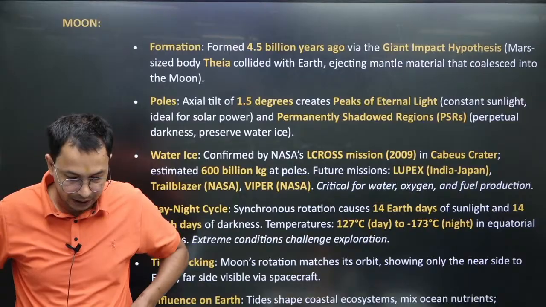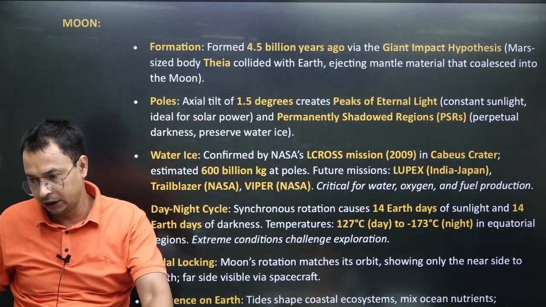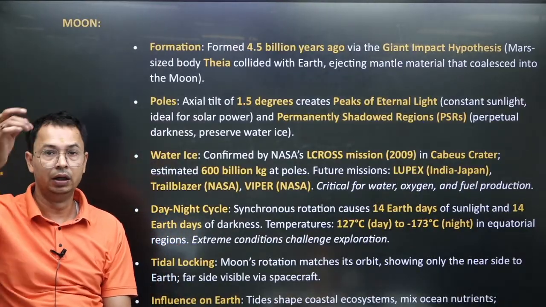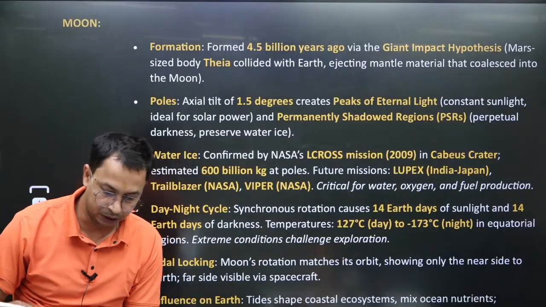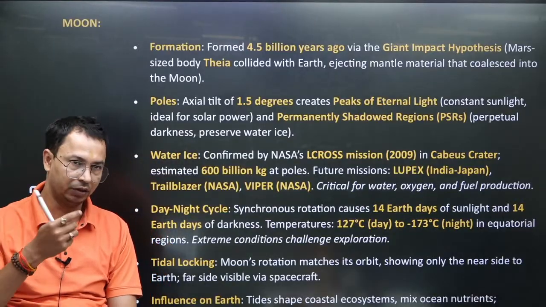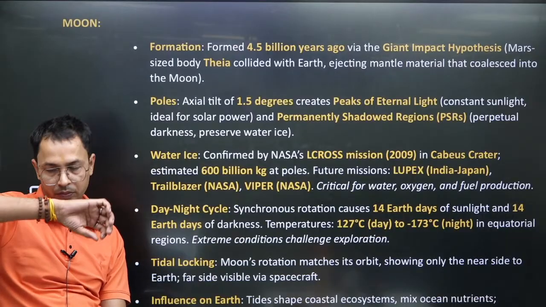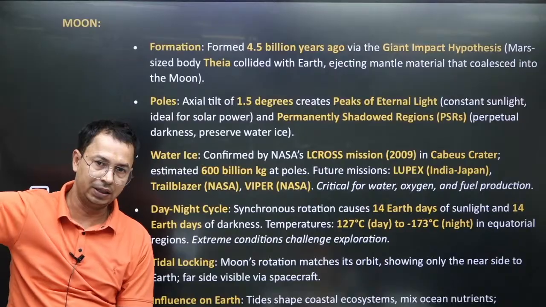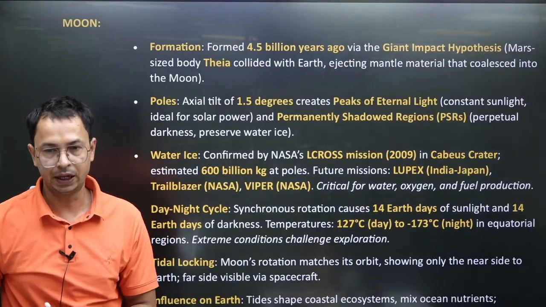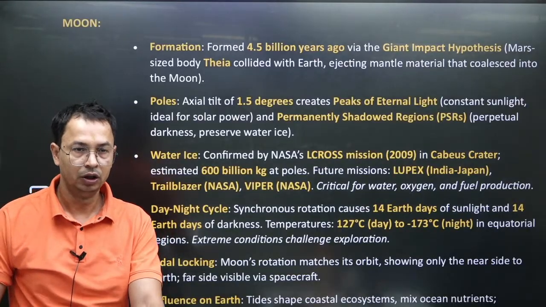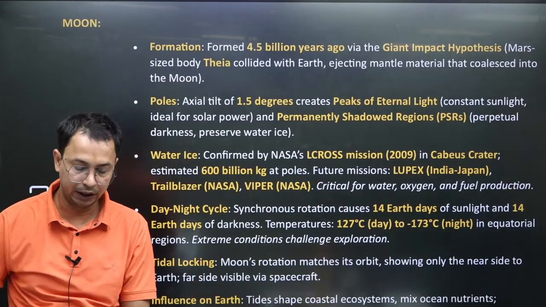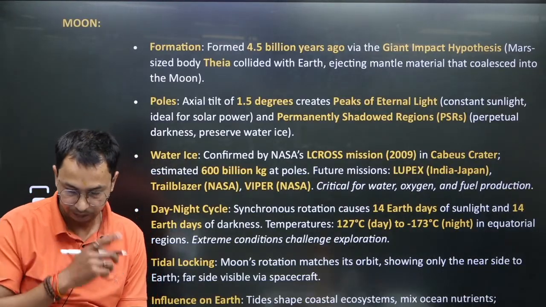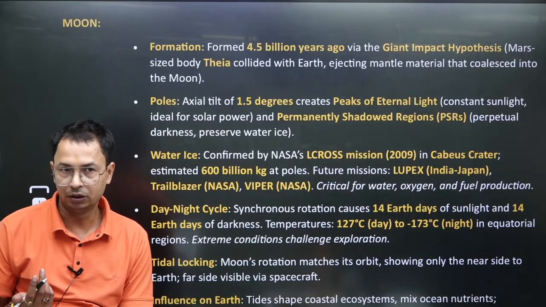There was a Mars-sized planetary body called Theia. It collided with the Earth, and because of this collision, the material from the mantle of the Earth was ejected, and it coalesced in space, and after that the moon was formed from that material of the mantle. This is the formation of the moon.